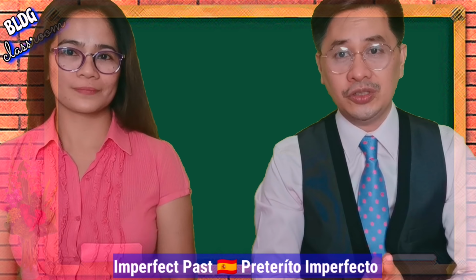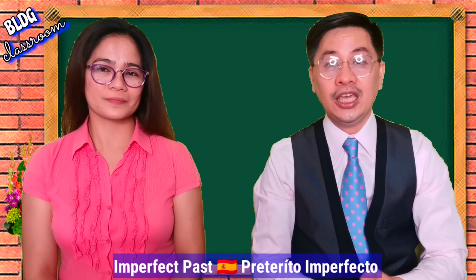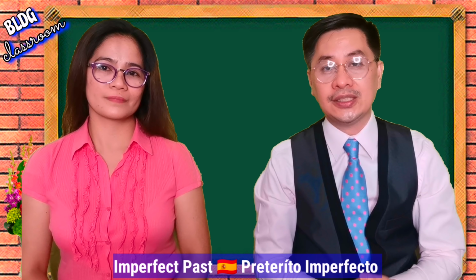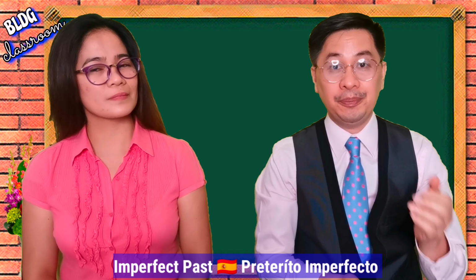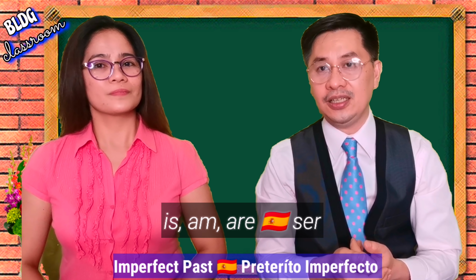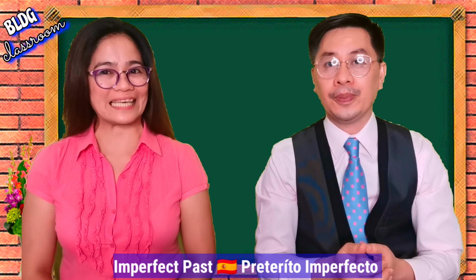Alright guys, so we are going to tackle the irregular conjugation of some verbs in the imperfect past tense. There are three, so take note of these three irregular verbs. The first one is the verb to be, like is and are. In Spanish it is ser. Then the verb to go, ir.